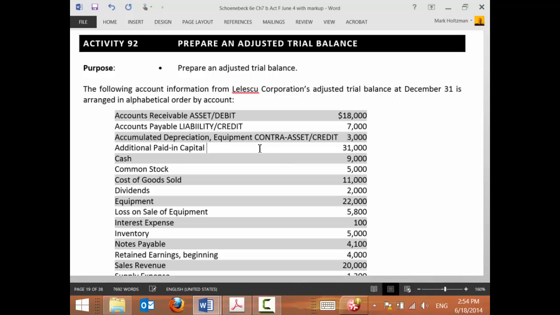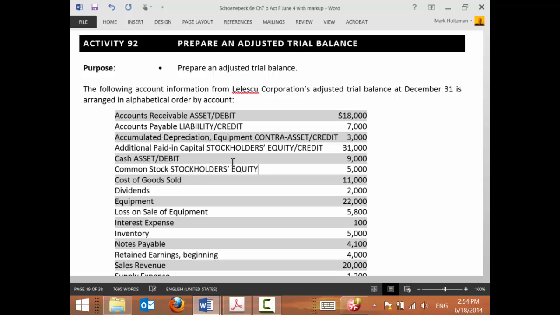Additional paid-in capital. We haven't seen this in this chapter, but we know it's a stockholders' equity account. And what kind of balance does a stockholders' equity account have? Credit. Cash, a very easy one. Cash, what kind of account? Asset, and that is a debit account. Common stock. What kind of account?